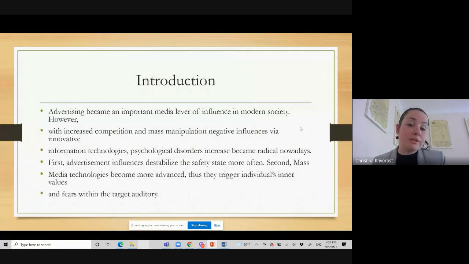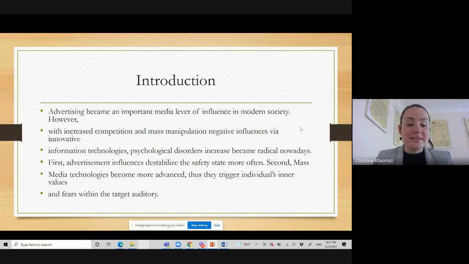Advertising became an important media lever of influence in modern society. However, with increased competition and mass manipulation, negative influences via innovative information technologies, psychological disorders increase became radical nowadays, and especially during our distant communication during the pandemic.